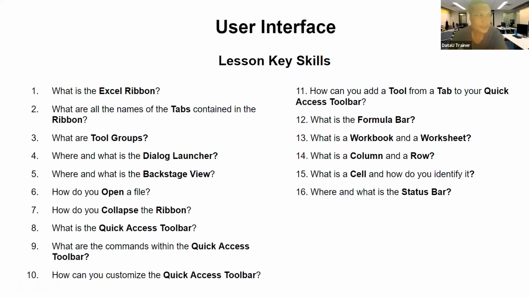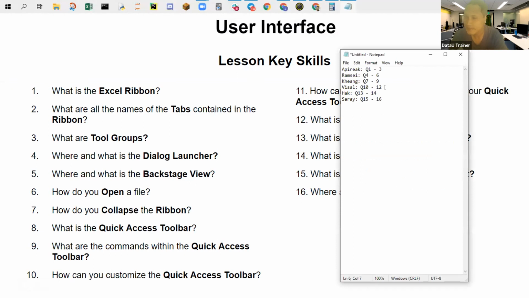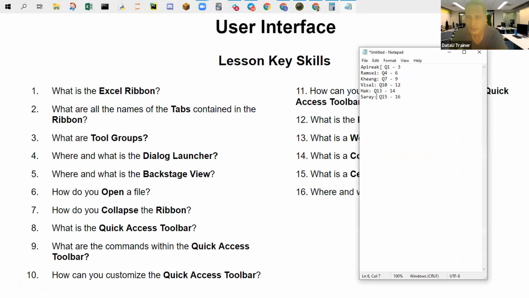So what's going to happen is you're going to see this notepad here. I'll send this into the group, the questions, but I'll give you an example. So Mr. Apiret will have questions 1 to 3, which is: what is the Excel ribbon? What are all the names of the tabs contained in the ribbon? And what are tool groups?